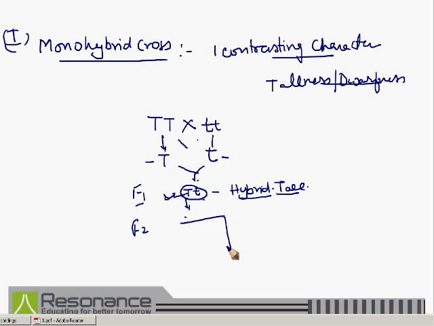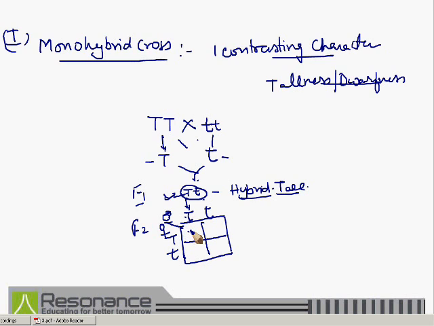It is seen by drawing this Punnett square or checkerboard. Here we write the genotype of male and female. So when we cross-pollinate, because it is the same flower, the same genotype has to be written over here: capital T, small t, capital T, small t.